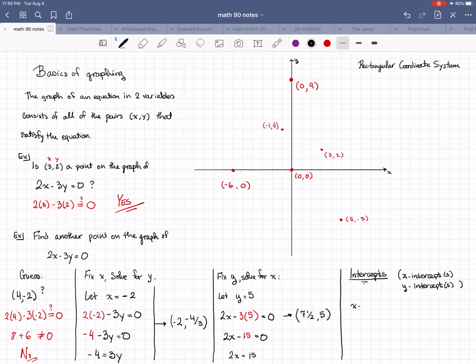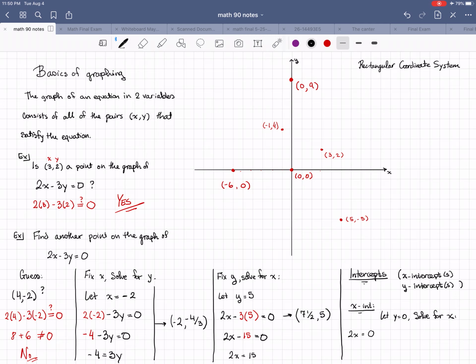For the x-intercept, and you'll notice I frequently abbreviate x-int, we let the y-coordinate be 0 and we solve for x. So let y be 0, solve for x. In this instance, we have 2x minus 3 times 0. That's just 0.